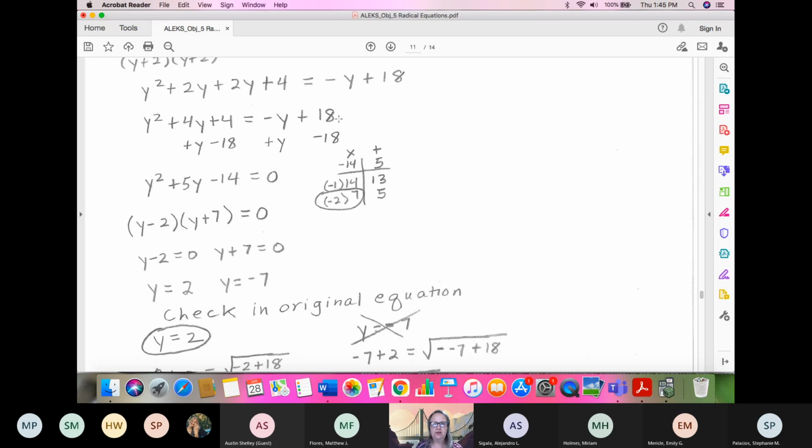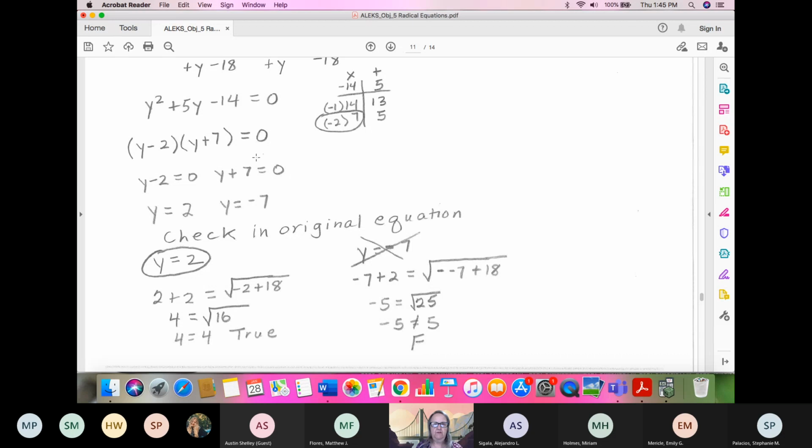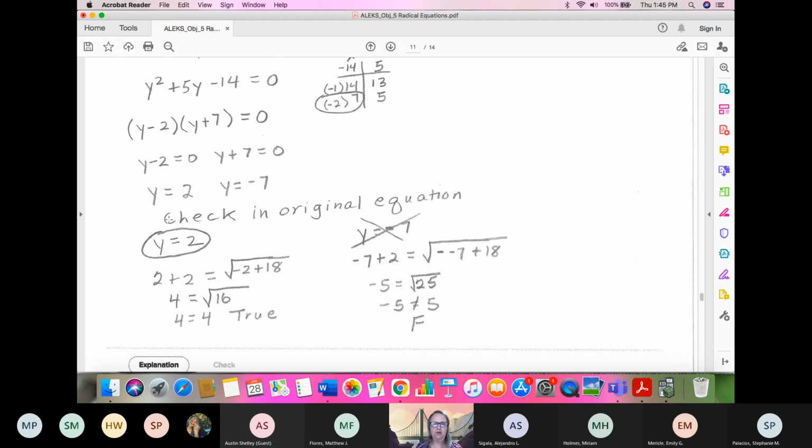And we're just going to get 0 on this side. You get y squared plus 4 plus 1, which is 5y. And then there's going to be a minus 18 plus 4, which is minus 14. And when you do the factoring, you get y equals 2, y equals negative 7.